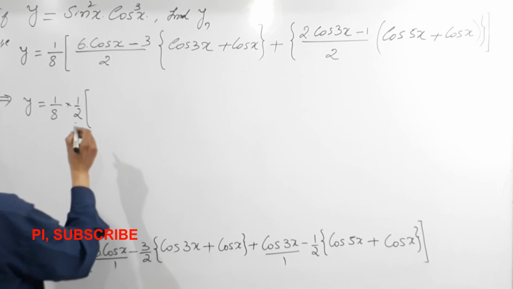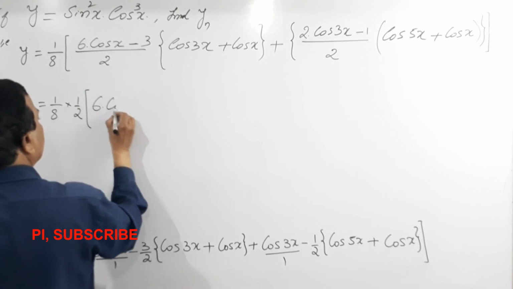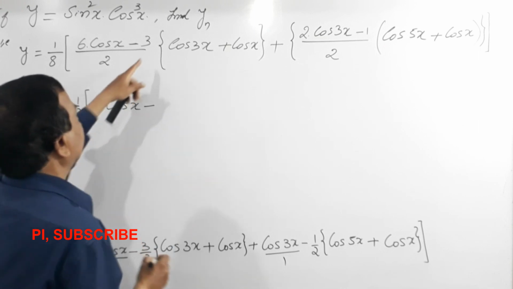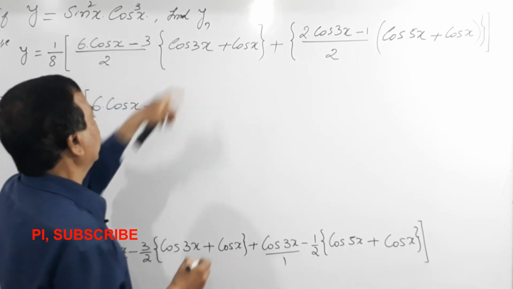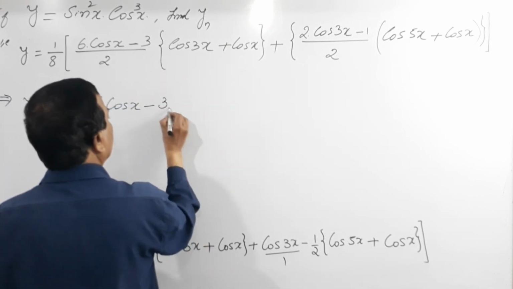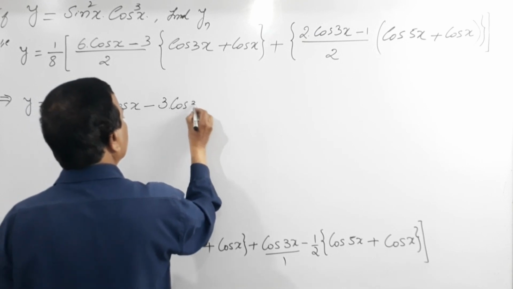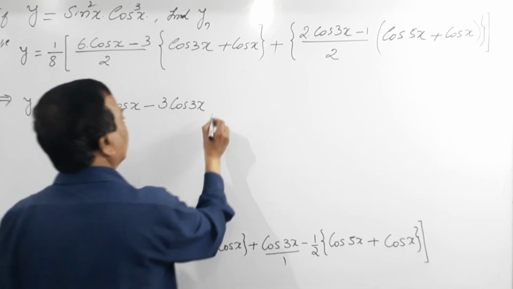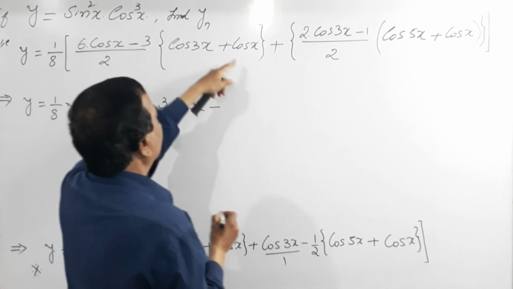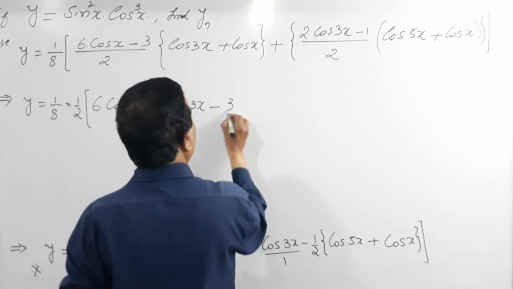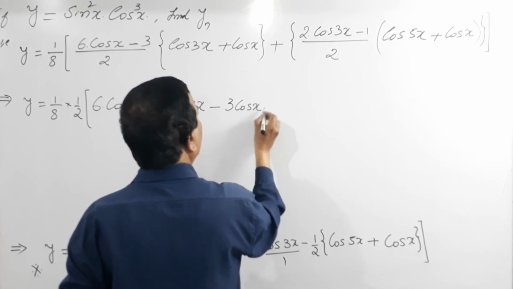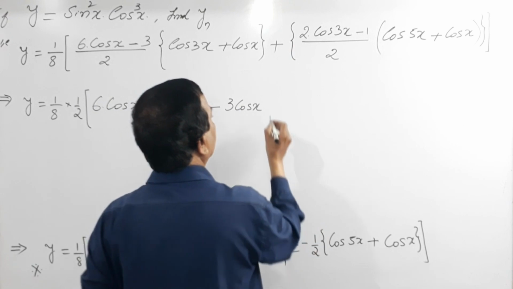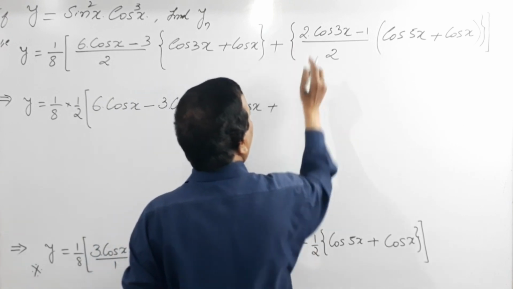So this is 6 cos x minus 3 into cos 3x. Again you multiply this, minus into plus, minus 3 cos x, so plus 2 cos 3x.